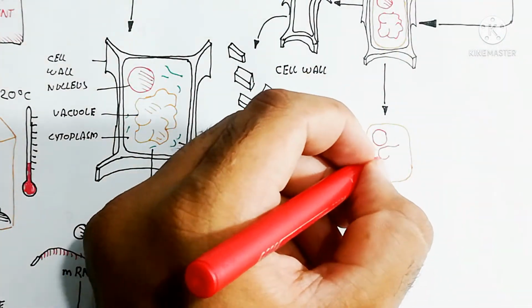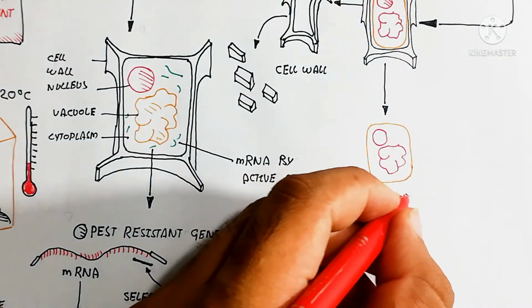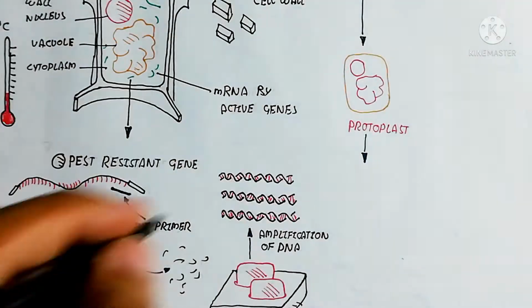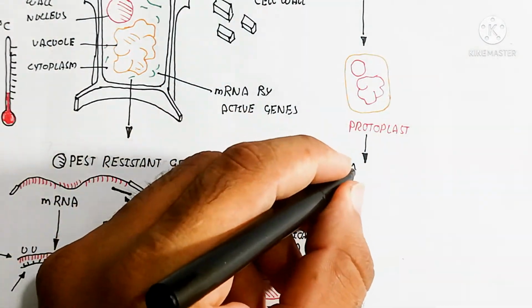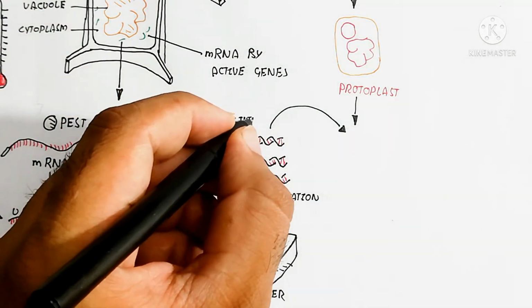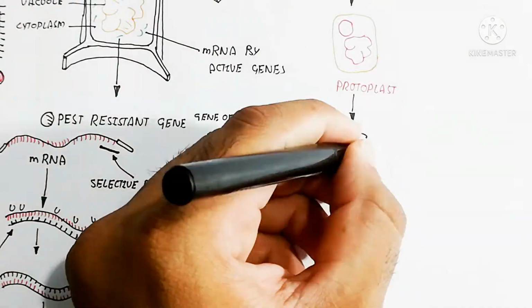When we put the gene segment, which is our desired gene, into the solution, we will also put the protoplast in it. After putting the protoplast into the medium, we give an electric current, which is voltage.